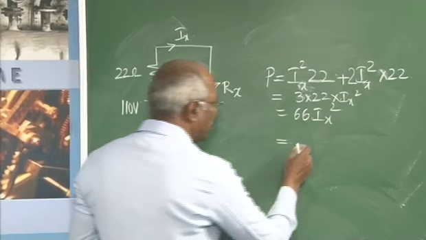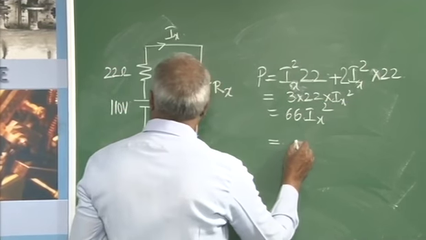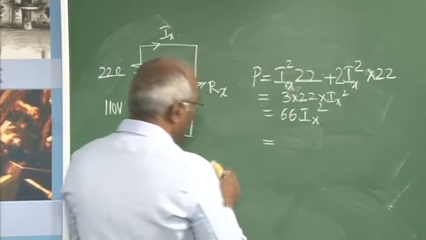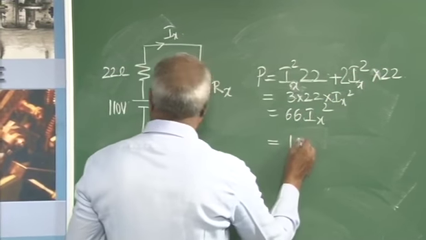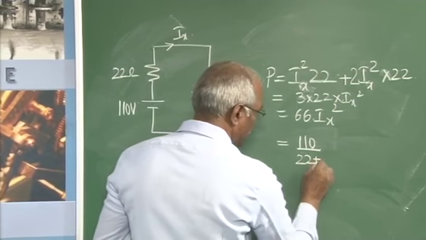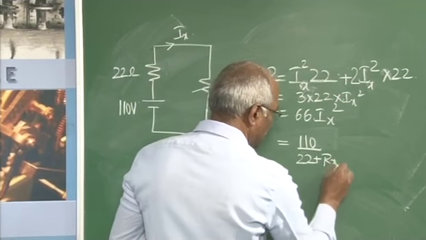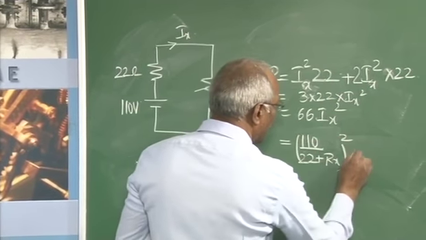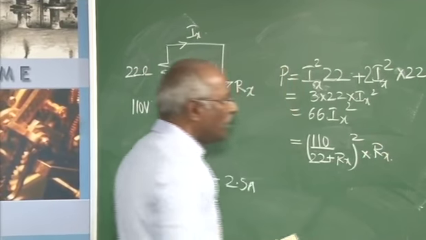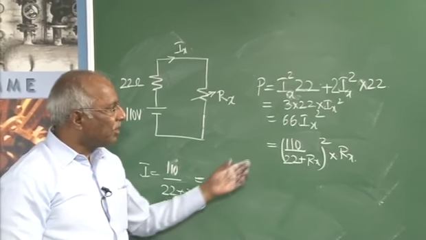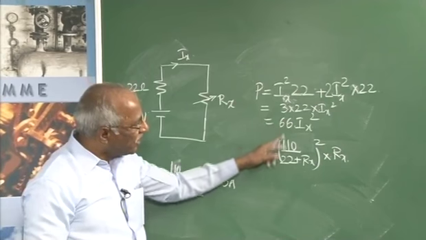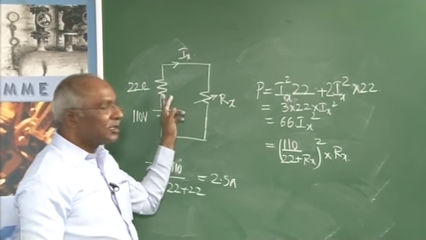The total power is I square, that is 110 divided by 22 plus Rx, squared, into the value of this one, Rx. That is one way it can be done. So, these two must be equal. It must give you the power in this as 2 times the power in this.